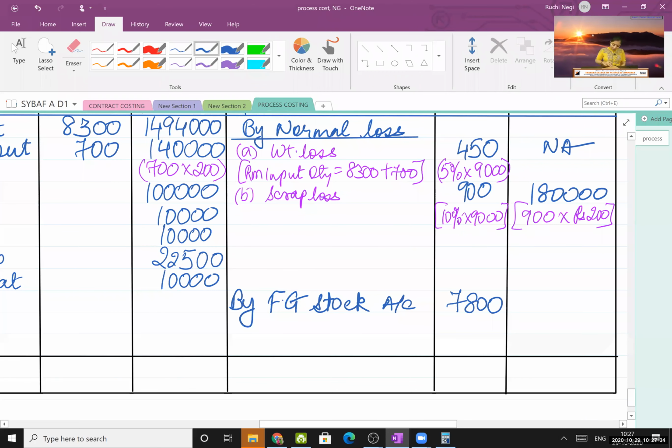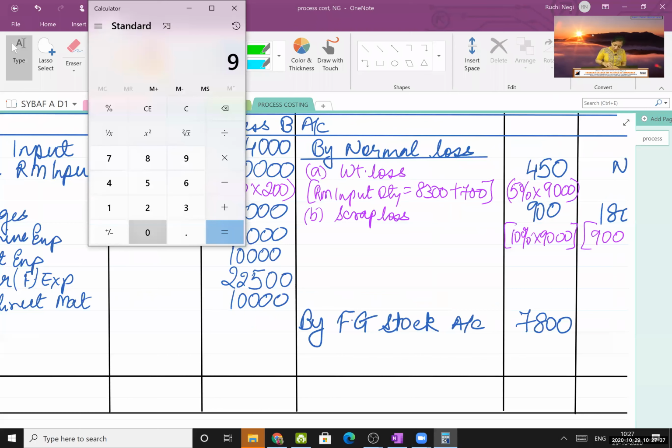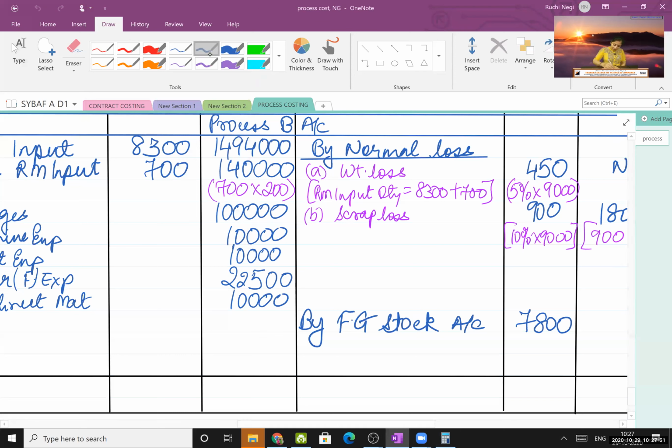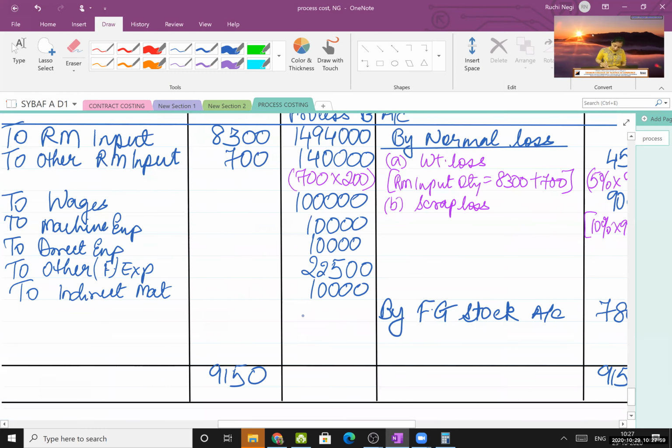So 9,000. अब ये साइड कितना है 7,800 plus 900 plus 450. 9,150. Okay. मतलब this side is more. 9,150. So it's an abnormal gain of how much 50.